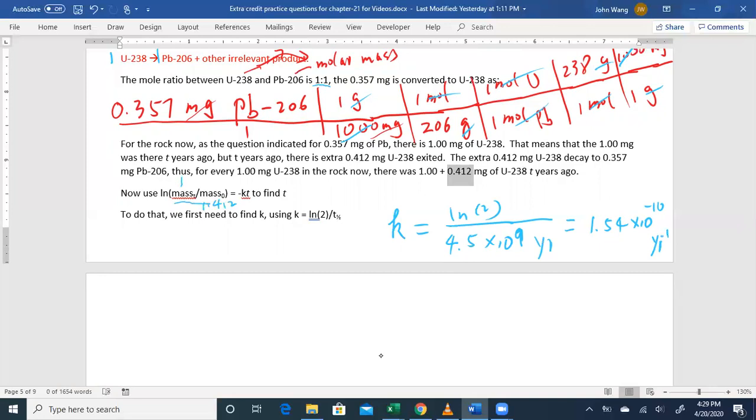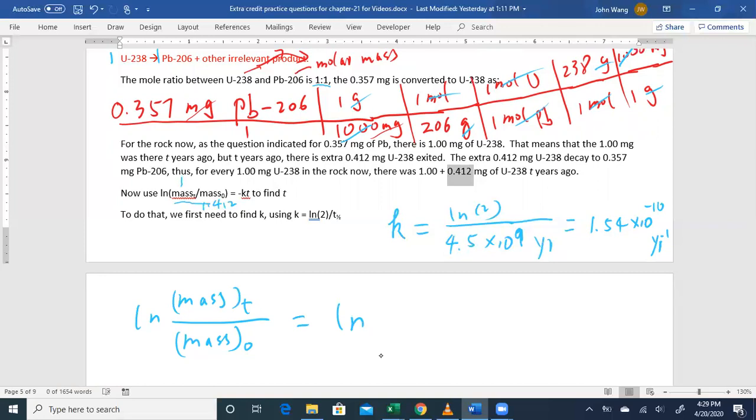Right, now we will use the equation. So we will use Ln of the mass now, all divided by the mass of long time ago, T years ago. So therefore that becomes what we represent.